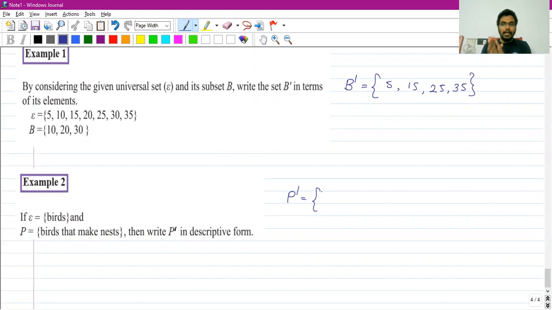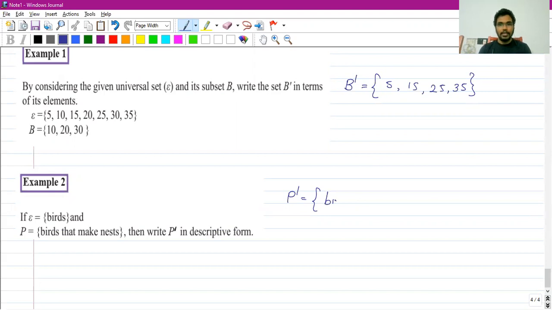And P dash means the complement of P. That means all the elements which do not belong to this P. So if there are birds that make nests, out of this set, what are the other birds that can stay? Yes, it is the birds that do not make nests. So that will be the P dash or the complement of P.